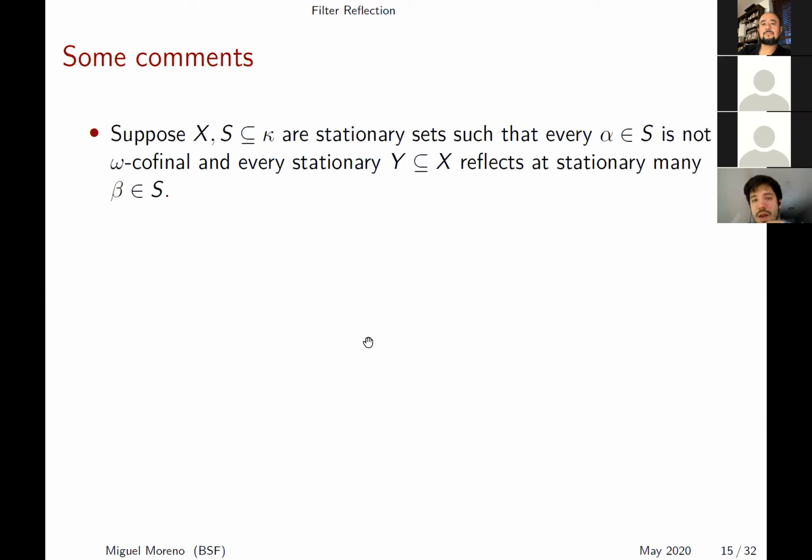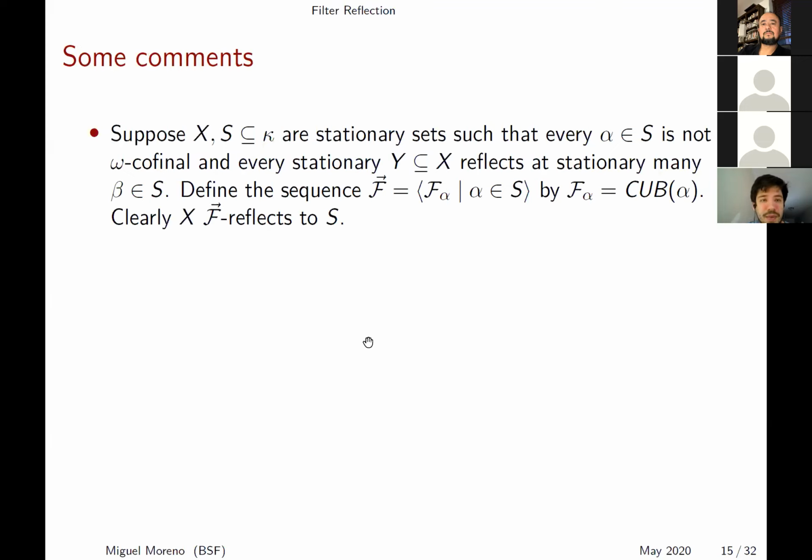This means that for every Y subset of X, Y reflects to stationary many betas of S. So if you take the F alpha to be the club filter, then this is talking about stationary reflection, because now the filter is the club filter, and you were demanding to intersect all the elements of the club filter. So stationary reflection is a special case of filter reflection, when the filters are the club filters.